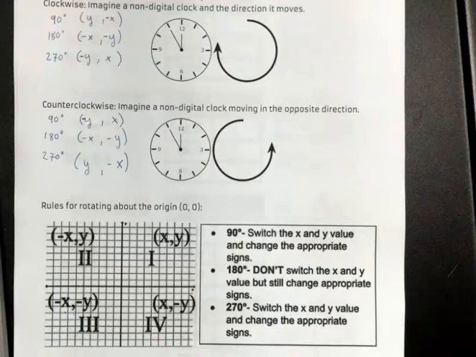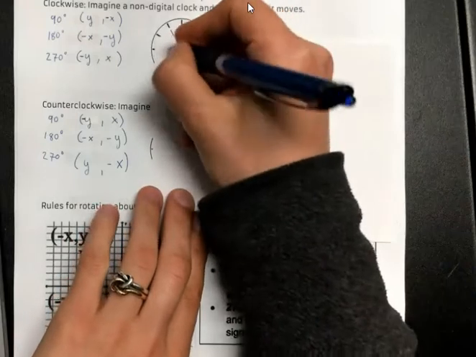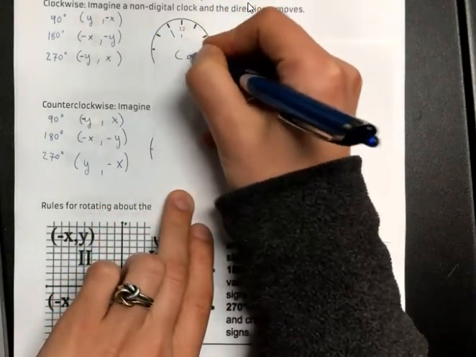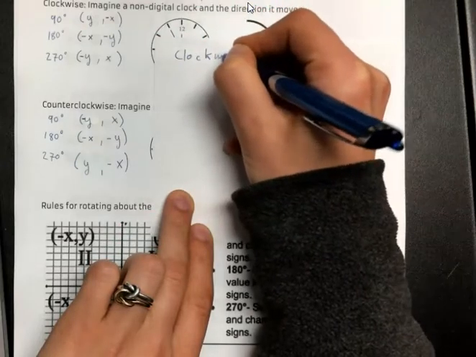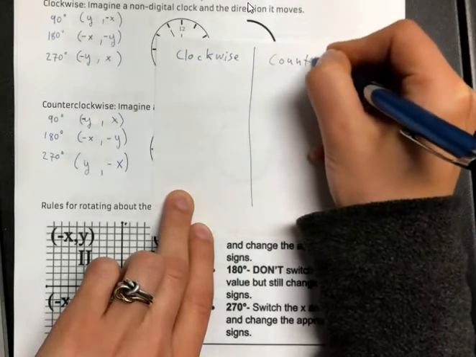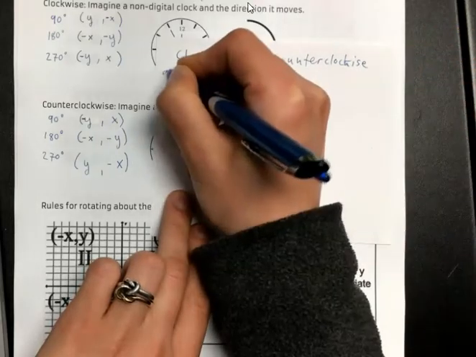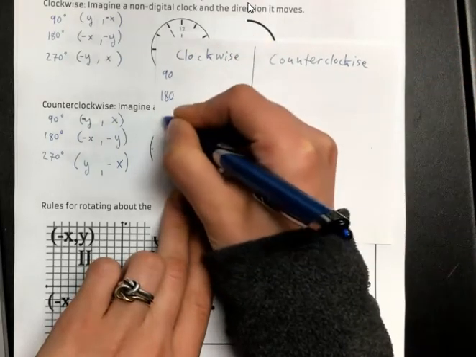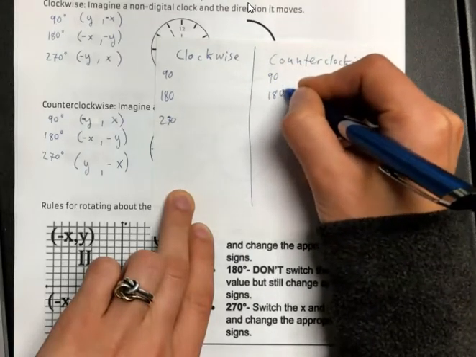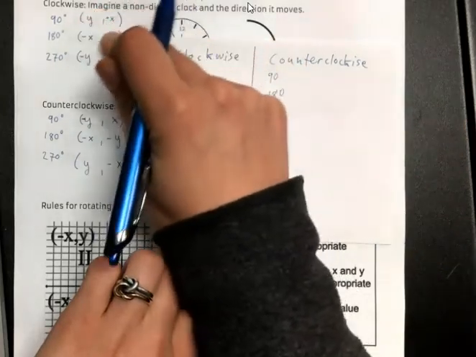Now that I have my cheat sheet, I'm going to transfer all of that onto a chart right here, so I have it available for my practice and the rest of my notes. I'm going to create a clockwise chart and a counterclockwise chart, with 90, 180, 270, and I'm just going to put down what I wrote here.